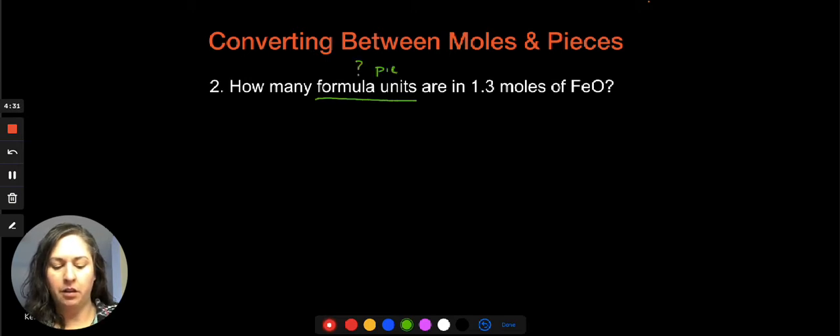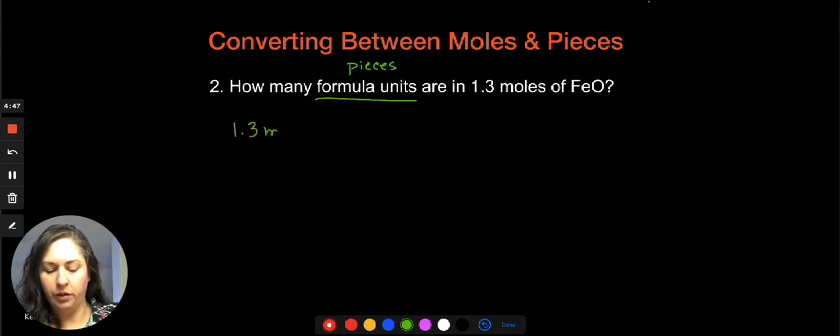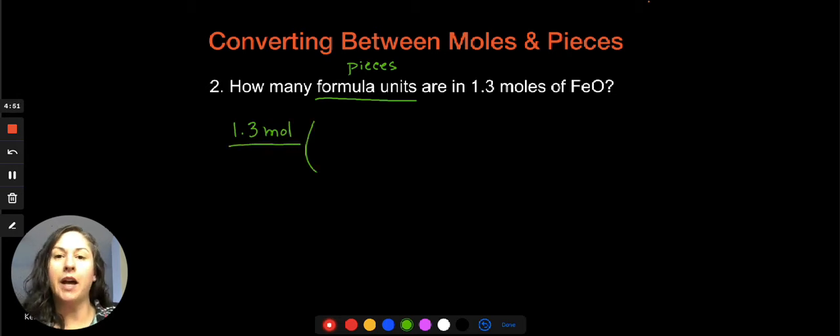This is our pieces, and we start off with moles. So we're going to start off with our 1.3 moles. I have to cancel moles, so moles has to go on the bottom.